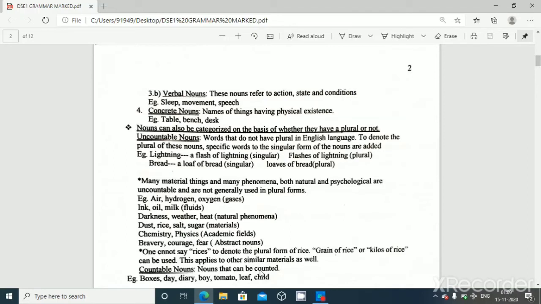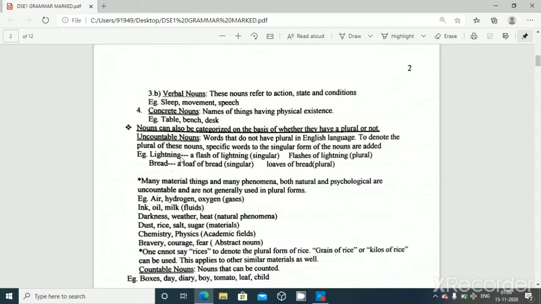What is uncountable then? Words that do not have a plural in English are called uncountable nouns. To denote the plural of these nouns, specific words are added to the singular form of the nouns. Let us see. The first example is lightning. We can never add s or es to get the plural form.